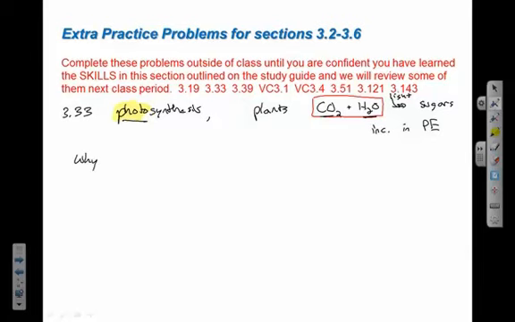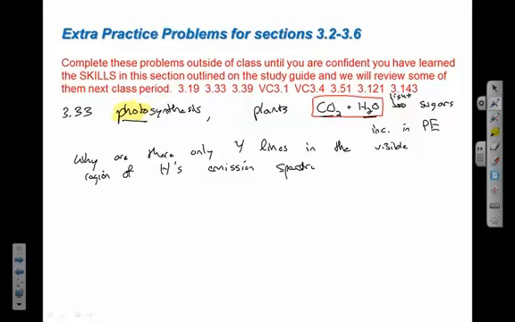It would say, why are there only 4 lines in the visible region of hydrogen's emission spectrum? That word visible is kind of important. They've left it out there.